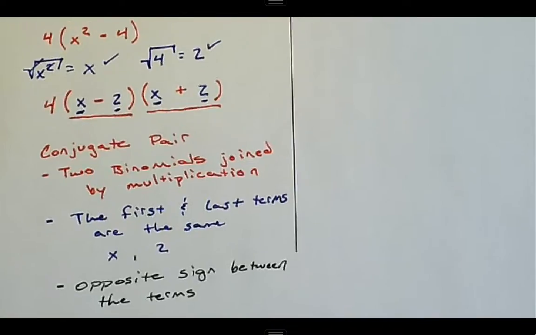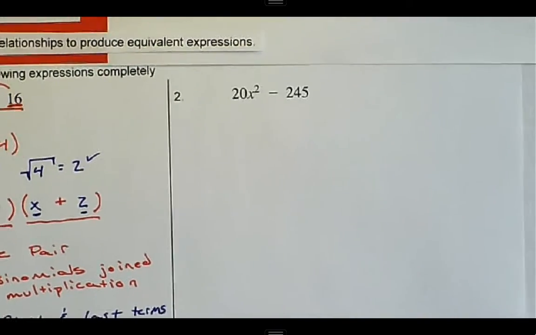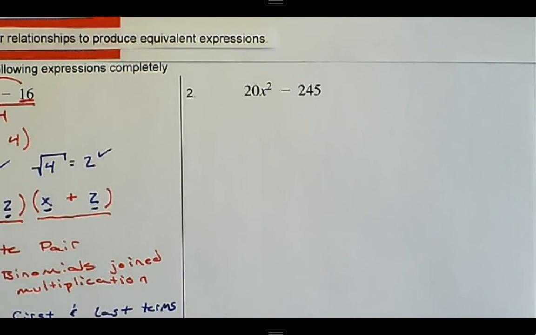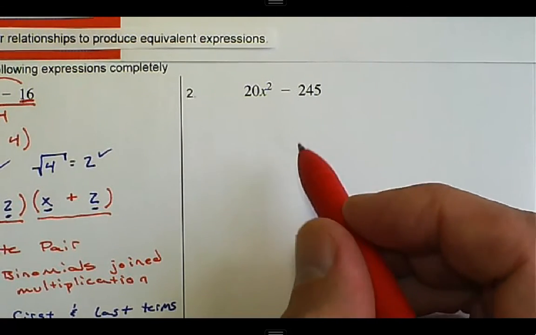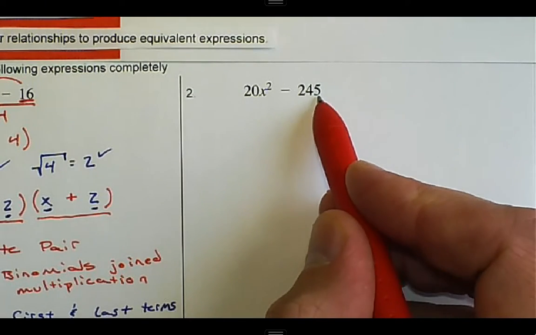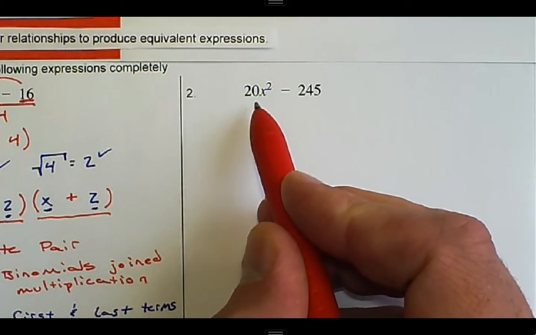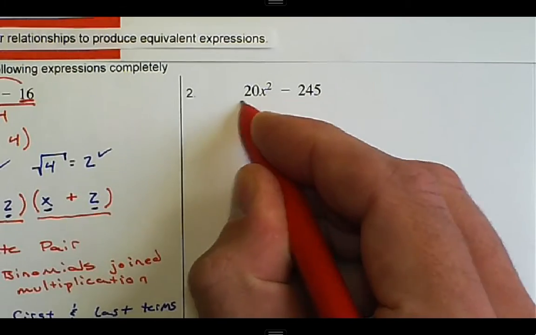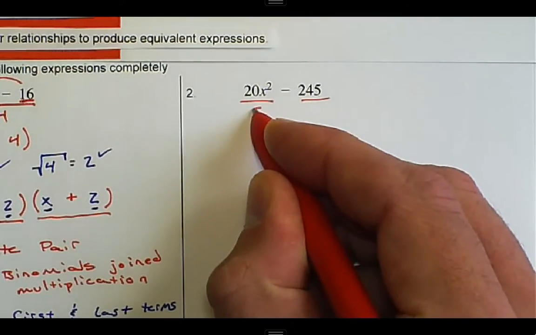Let's look at one more example. We have 20x squared minus 245. This term ends in a 5 and this term ends in a 0, so I do know that I can divide 5 out of both of these.